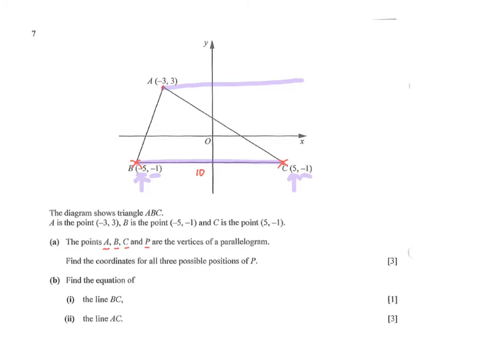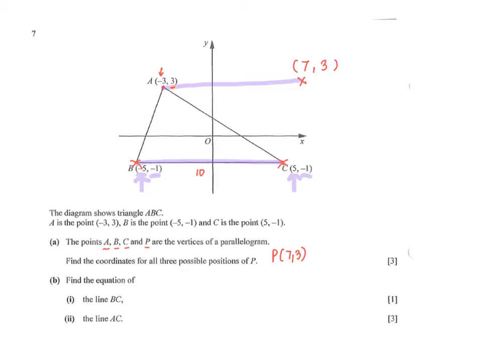This coordinate point P here will have the same Y coordinate, but the X will change now from -3. I add 10 units, and that will give me the number 7. So this is the first possible position for P. So P can be 7, 3.